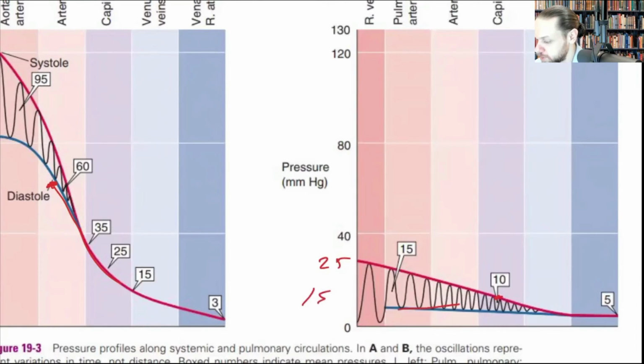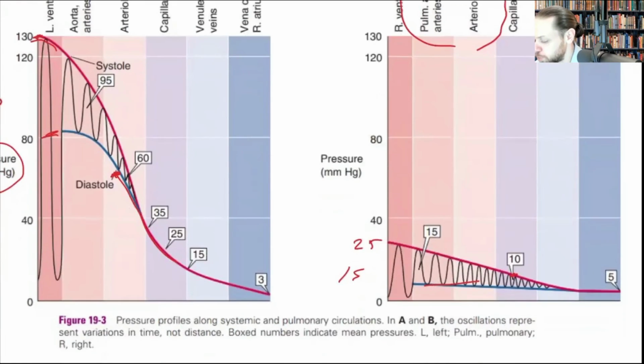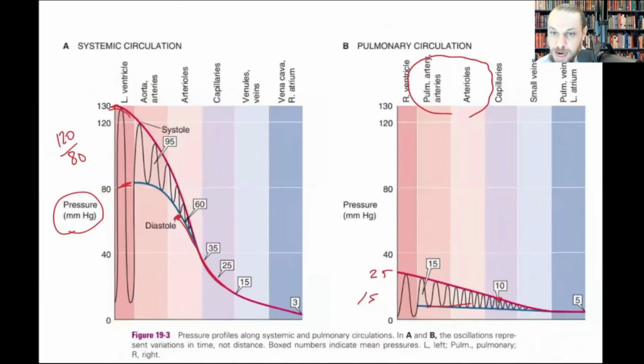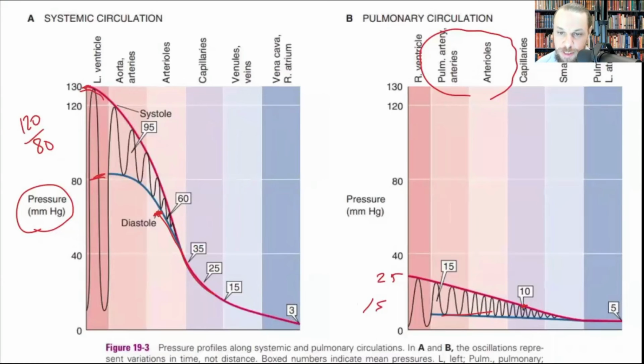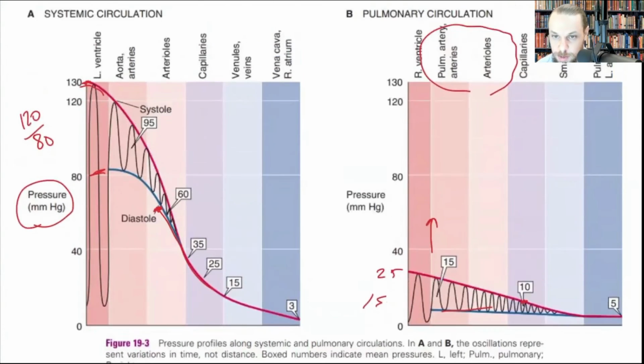So your pulmonary side, specifically in your pulmonary arterioles, is way, way less as opposed to your arterial side. And this makes sense. Unless you have pulmonary hypertension, then this number slightly changes. It's not going to be 120/80 per se, but this will definitely increase.